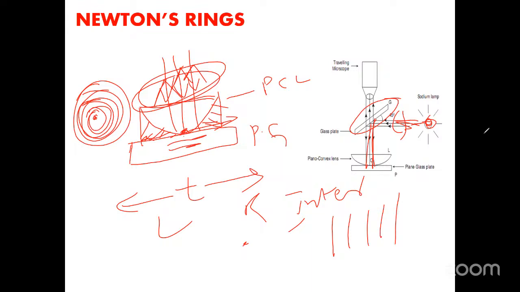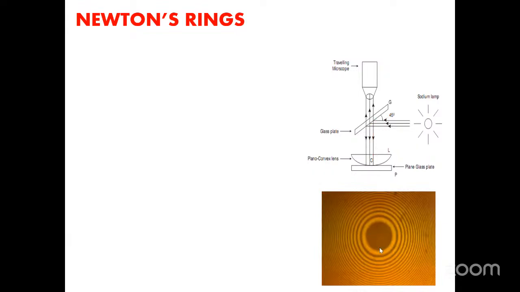Okay, Newton rings. Why is it dark? Because both are in contact, and there the air film thickness becomes 0. So that is the case. This is the best phenomenon and also the best example for Newton rings. You can easily observe this is the dark. Why is it dark?